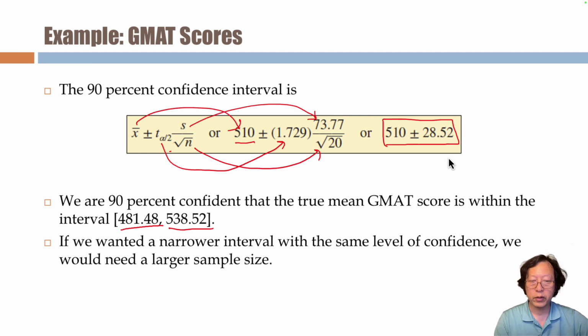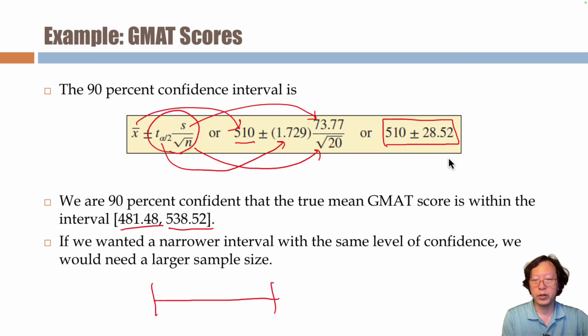If you want a narrow interval with the same level of confidence, we have to enlarge our sample size. So this will be the width of the interval. This is the center, right? This part is plus t s over square root of n. This is minus t s over square root of n.